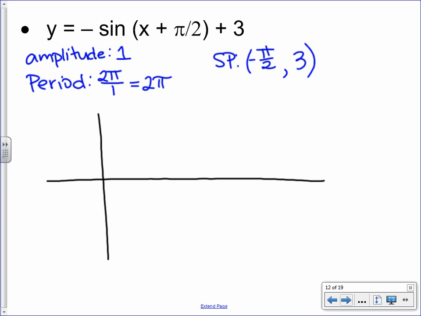So here we go. Our starting point is negative pi over 2, 3. So here I'm going to call this negative pi over 2, and then I'm going to go up 1, 2, 3.